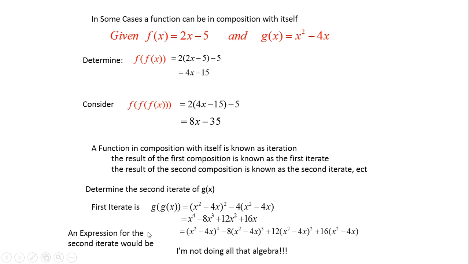I'm going to be satisfied with saying this is an expression for the second iterate. I'm not carrying out all that algebra, and that would be fine. You could do that if you had nothing better to do, I guess.